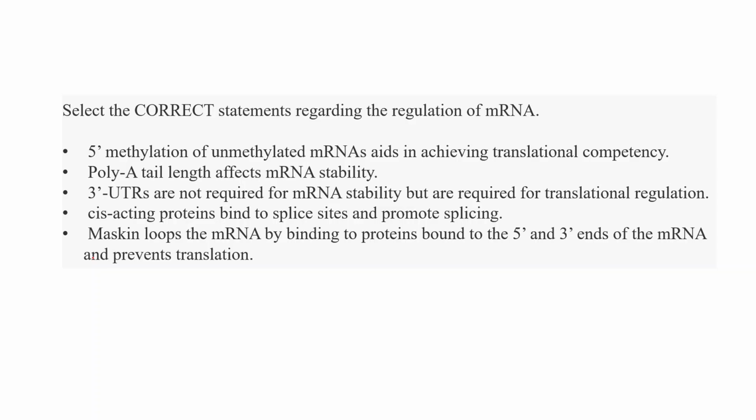Fourth, cis-acting proteins bind to splice sites and promote splicing. And fifth, masking loops the mRNA by binding to proteins bound to the 5' and 3' ends of the mRNA and prevents translation. Okay, so these are your options.